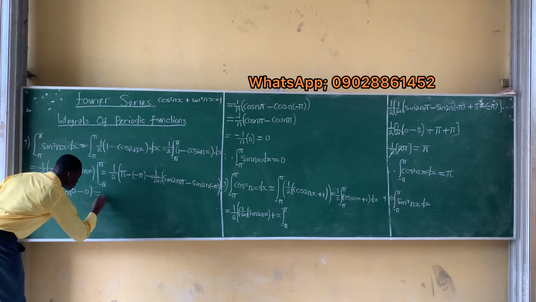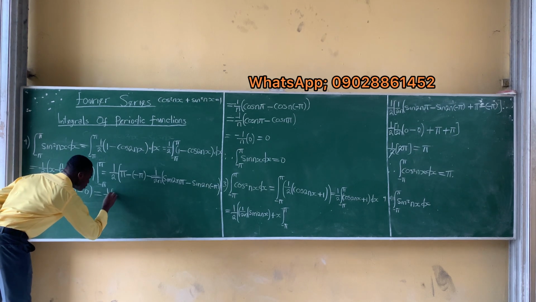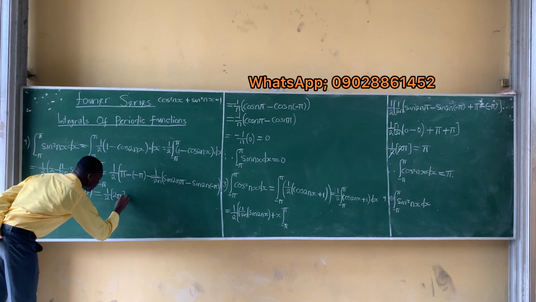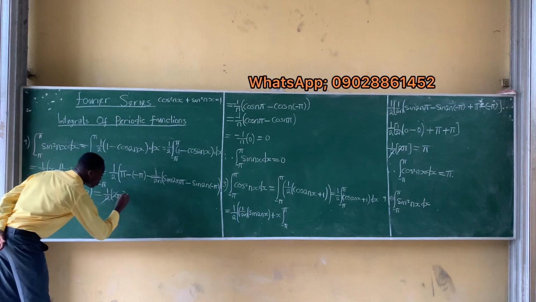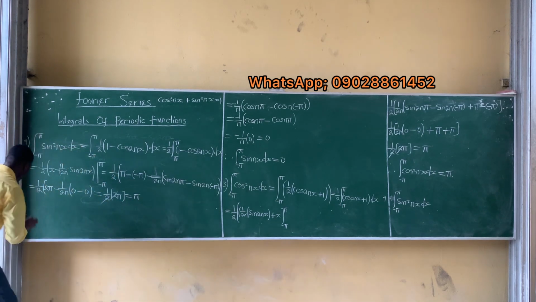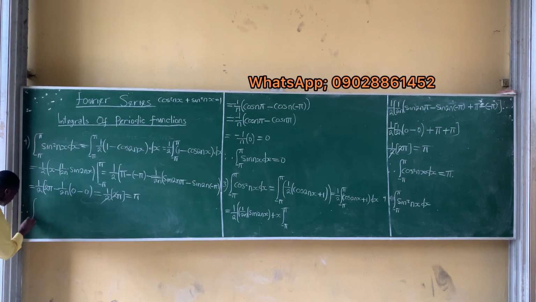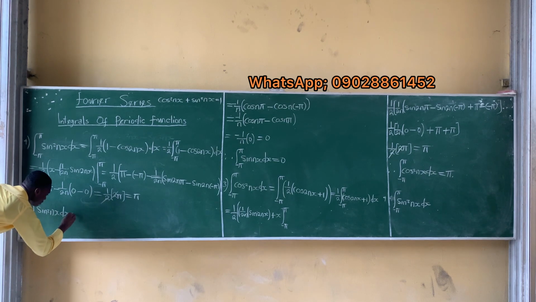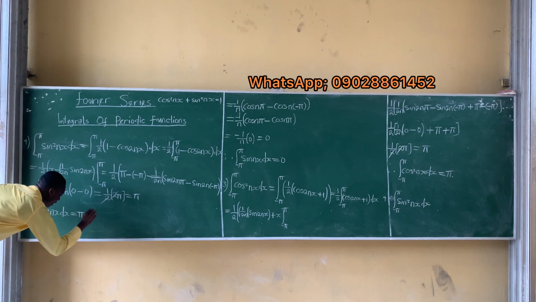So this means that we are going to have 1 over 2 into 2 pi. So 2 cancels 2, we have pi. Therefore, the integral from minus pi to pi of sine square nx dx is equal to pi.